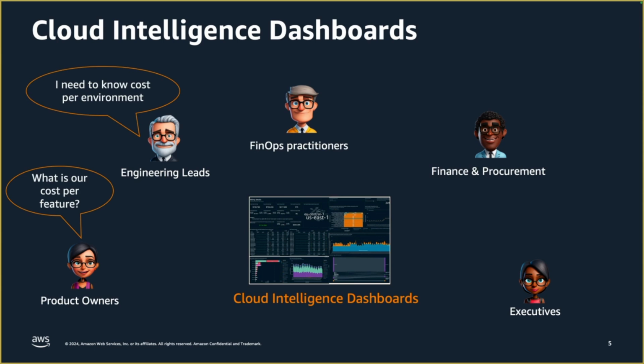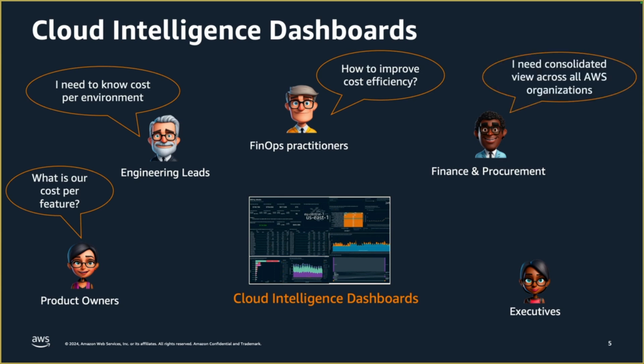And the engineering lead wants to understand the cost per environment or cost per team to understand how they are using the different infrastructure. And the FinOps practitioner at the end wants to improve the cost efficiency. And the finance team would like to get a consolidated view of the different payers in the organization. And at the end, the executives want to get the spend per revenue.